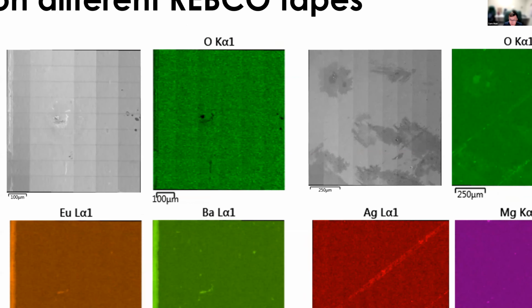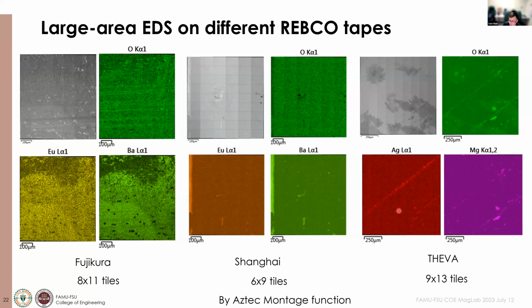These are after stitching the maps, and you'll be able to see all these tapes. This is actually the delaminated tape, so they're trying to do some mechanical testing. The details, they're going to publish this soon.